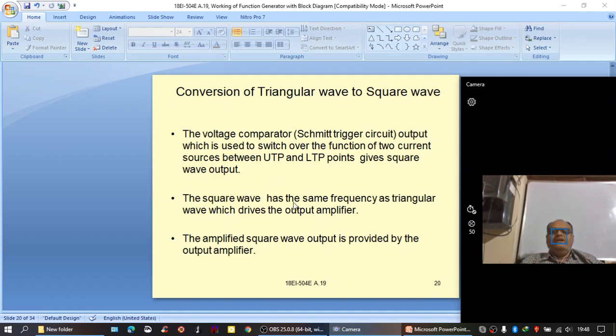The square wave has the same frequency as the triangular wave, which drives the output amplifier. The amplified square wave output is provided by the output amplifier when the switch is connected to the square wave output of the function generator.